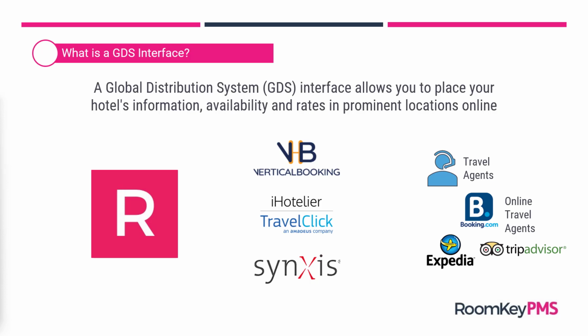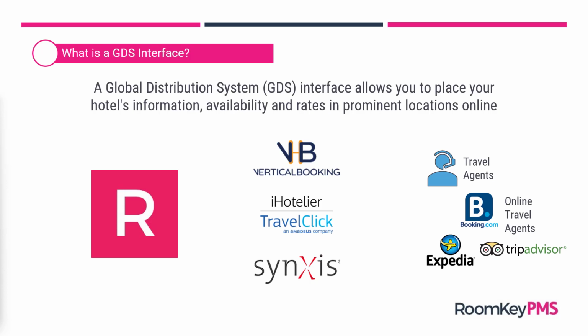And for the Sabre GDS, they use the SynXis platform. Amadeus uses the TravelClick iHotelier platform. And Vertical Booking actually connects to both Amadeus, Sabre, as well as Galileo or Travelport, recently rebranded or purchased, and Vertical Booking also connects with WorldSpan.